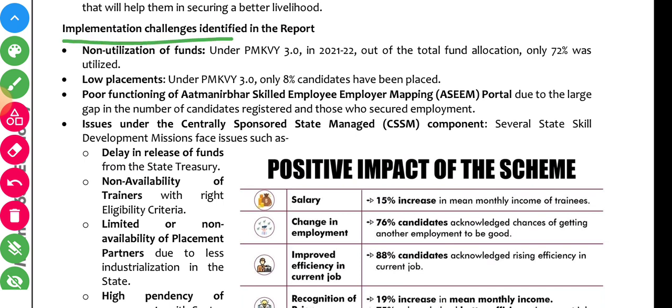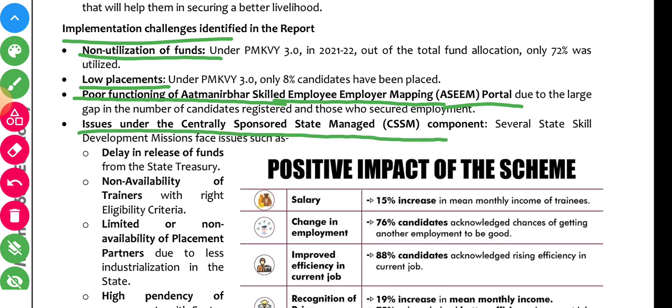Implementation challenges. What are the challenges for Pradhan Mantri Kaushal Vikas Yojana? Non-utilization of funds, low placements, poor functioning of the Atmanirbhar Skilled Employer Mapping portal. Issues under the centrally sponsored schemes between center and state.